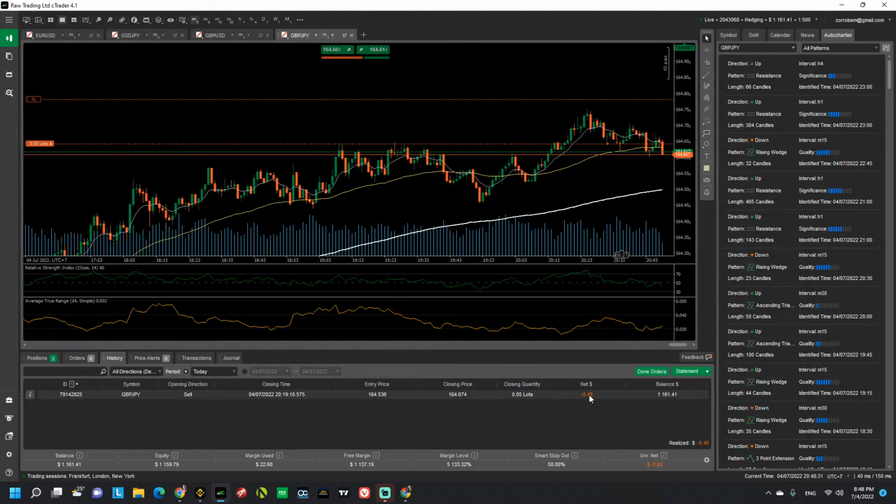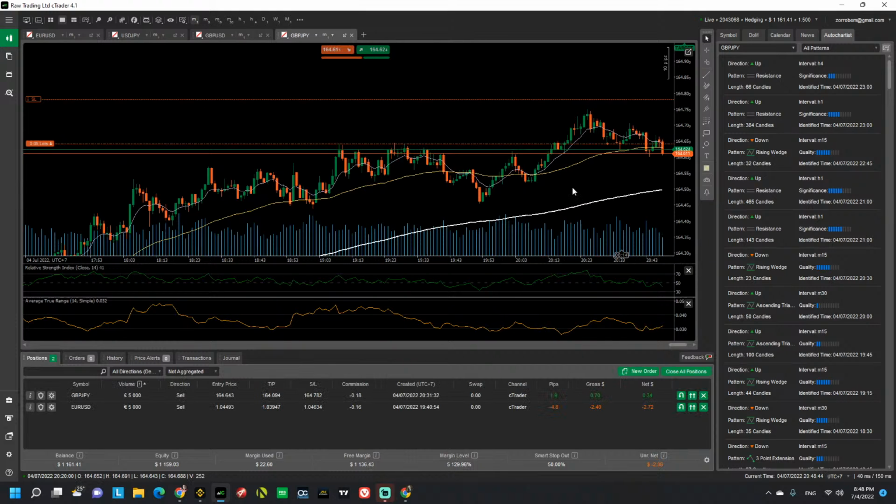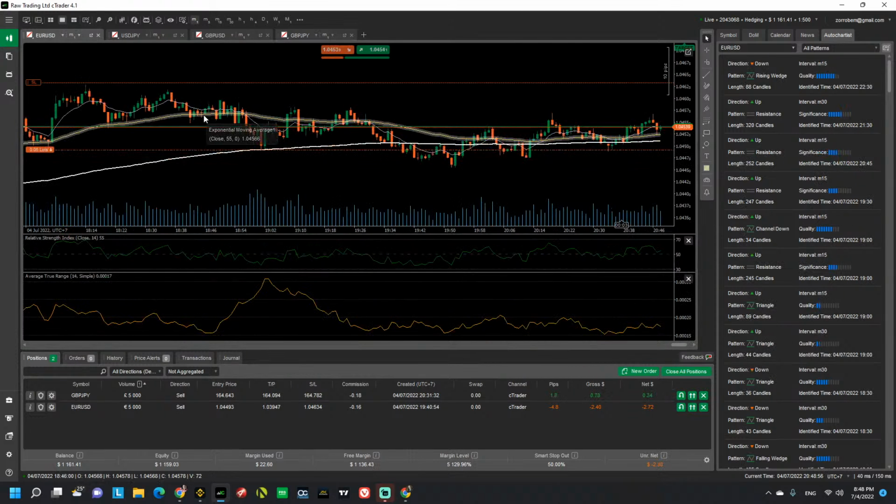Today our loss was 545. If we're able to get 545 in gains, that will break even. But this one is not even in the green yet, the Euro USD. So we needed to come to the green.